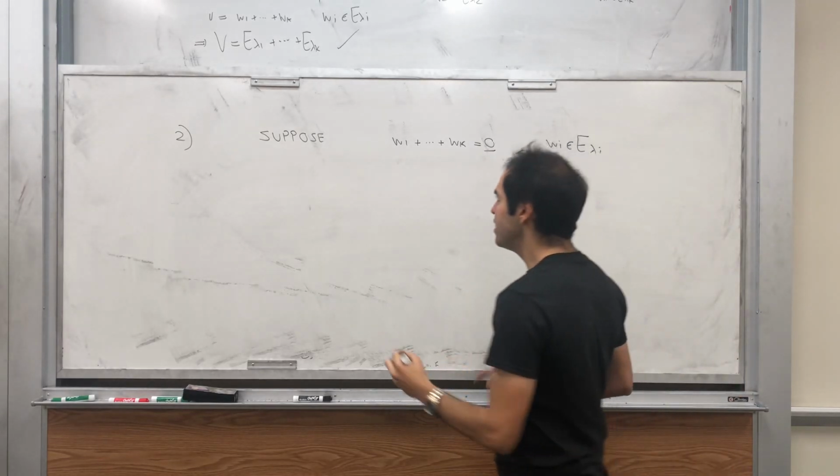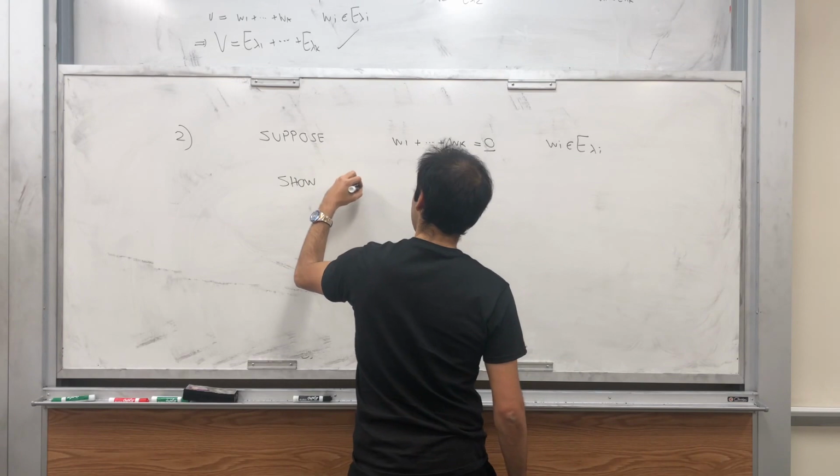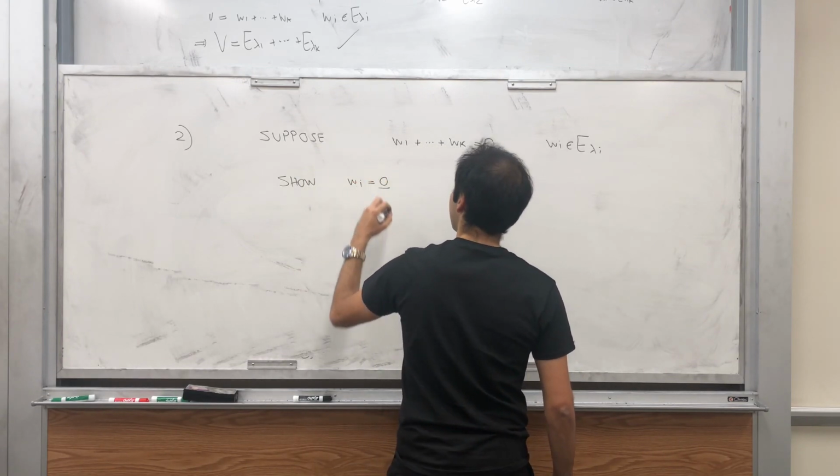And let's show that each of those vectors Wi equals 0.